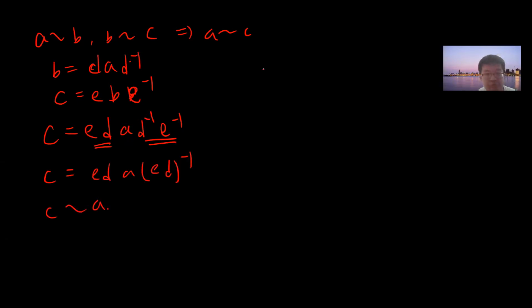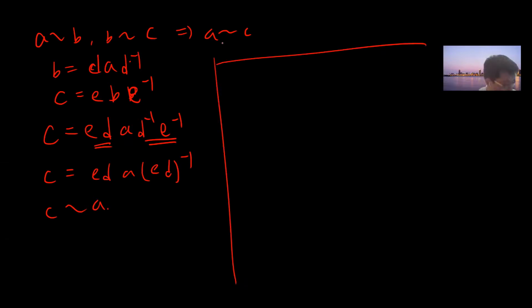From now I can define some notation. Let C of A be the equivalence class of A. Basically, it's all the elements in the group conjugate to A. This is called the conjugacy class.